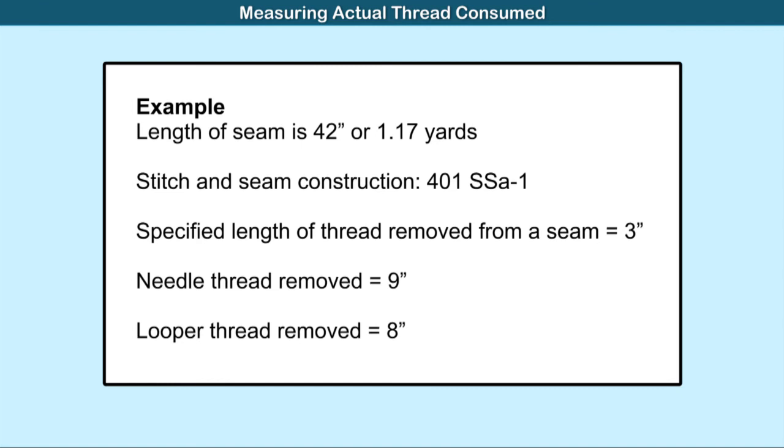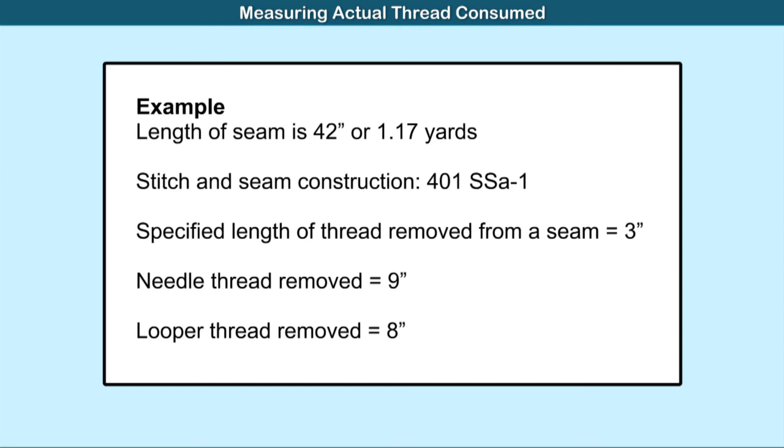Measuring actual thread consumed. A specified length of the seam, for example 3 inches, is measured on the seam. Then the thread is removed by carefully unraveling the stitch.